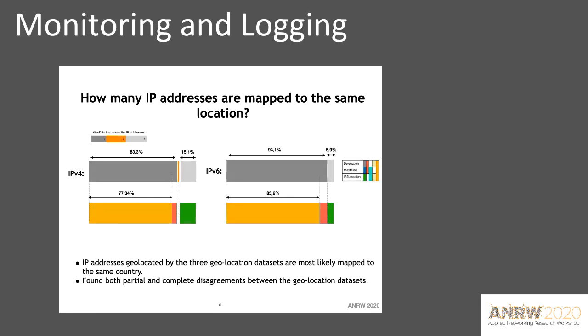The bottom part of the plot shows the geolocation agreement between the different IP geomappings. We mark with orange the percentage of IPs that are mapped to the same country in all 3 geodatasets. We note that most of the IPs that are covered by the 3 geolocation datasets are also mapped to the same country.